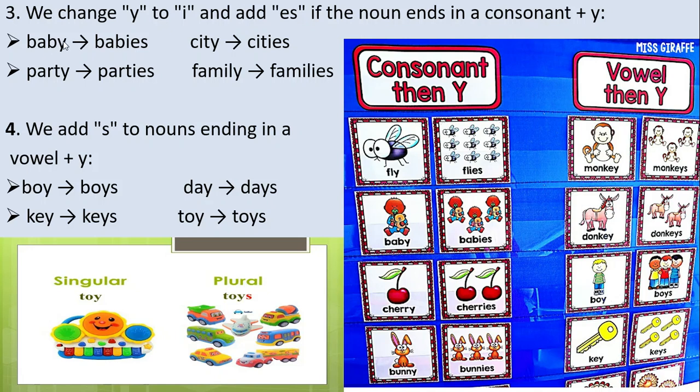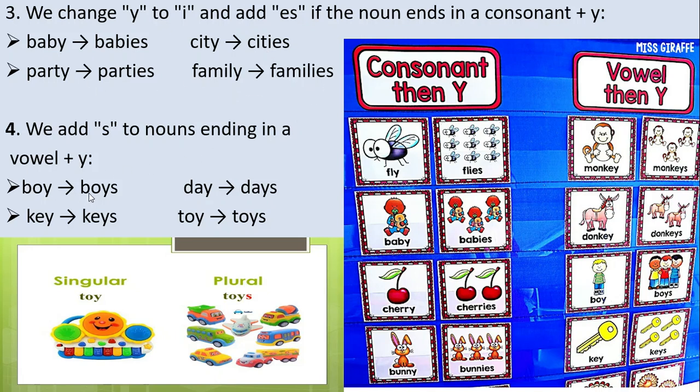So I change y into i and add es, so its plural becomes babies, like city, cities, party, parties, family, families.